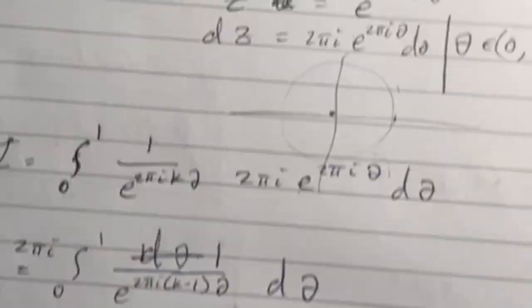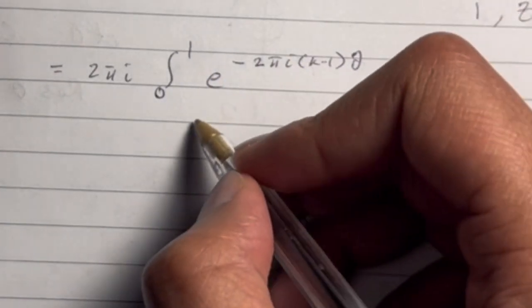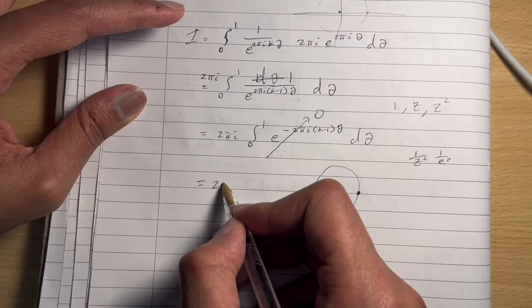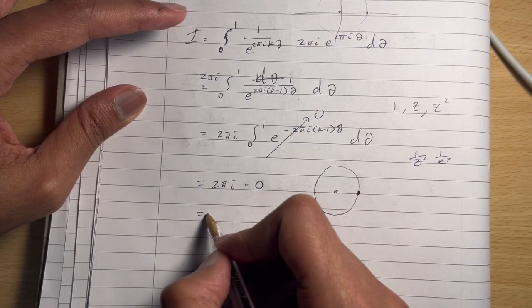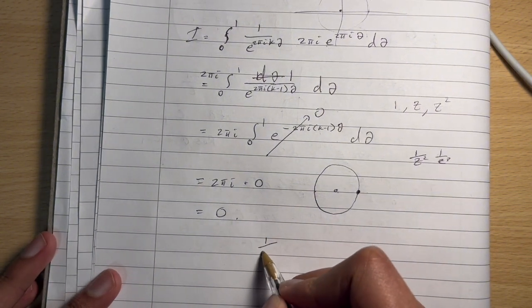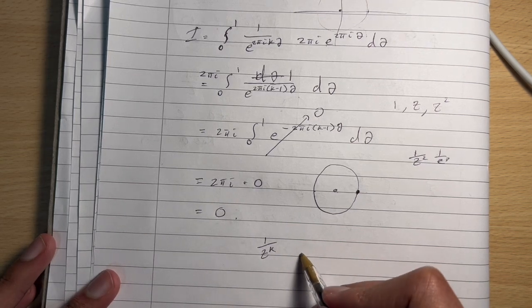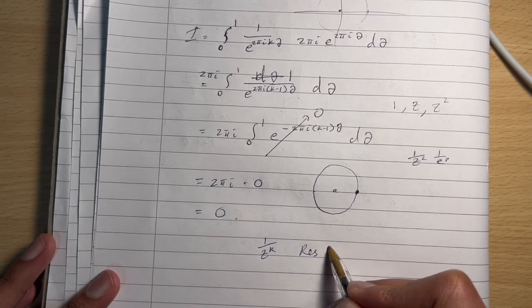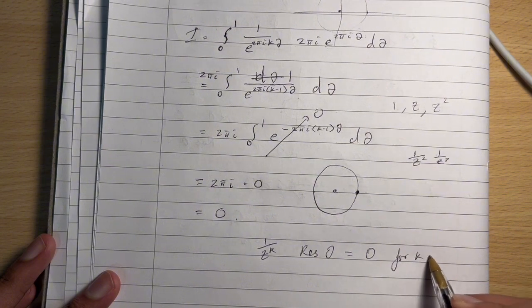And for this case, because it goes around and we get the average, this entire integral becomes 0, and we have 2 pi i times 0, which is 0. Okay, so we're done. We've shown that the residue of z to the k at 0 is equal to 0 for k greater than 1.